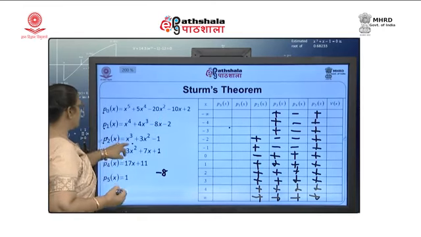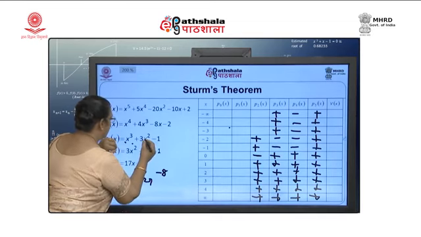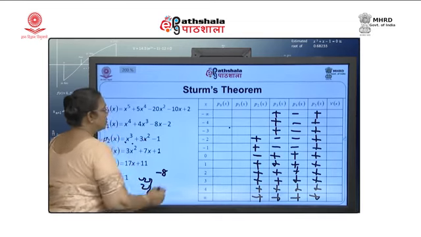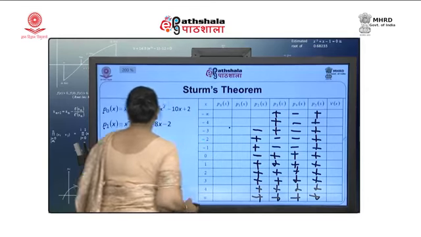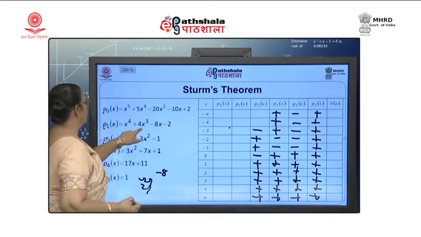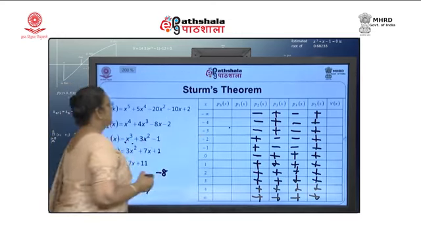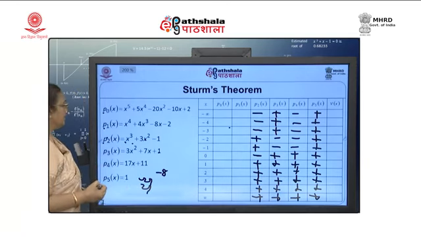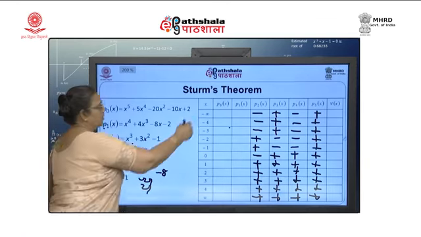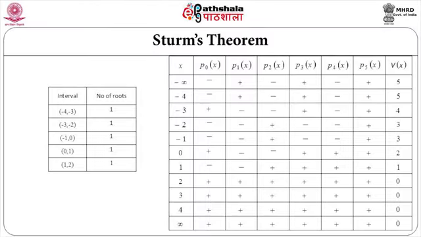X equal to minus 3, it is going to be minus 27, this is going to be plus 27, so it is minus, and further x cube will dominate: minus 64, this will be only plus 48. So all these values are going to be negative. Similarly, we can fill P1, P0, and once we have filled all, our table will look like this.